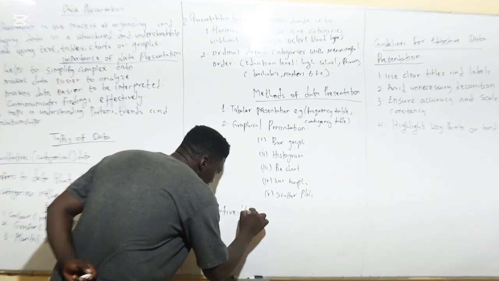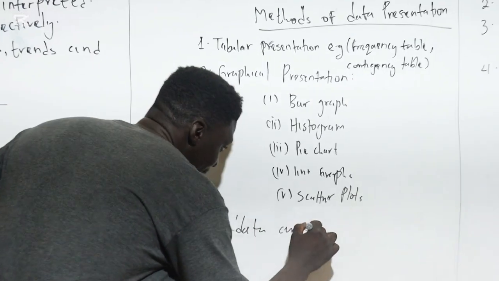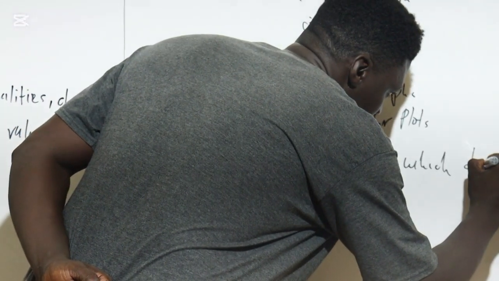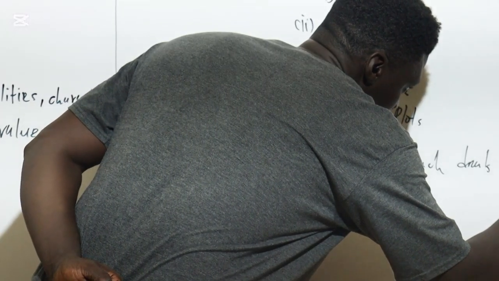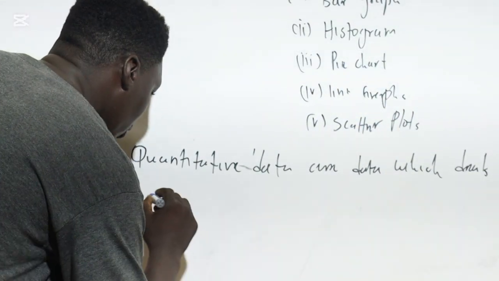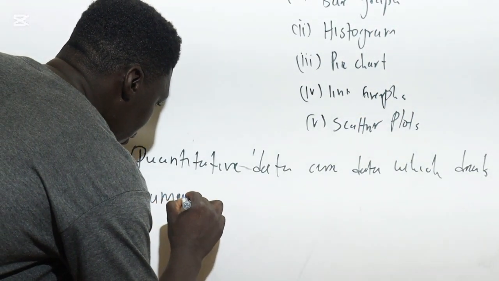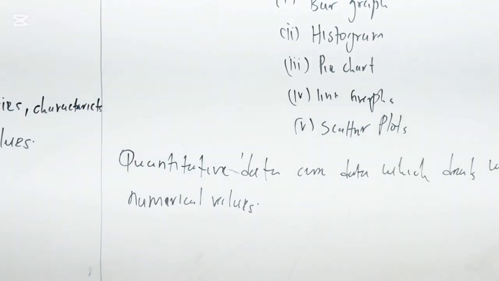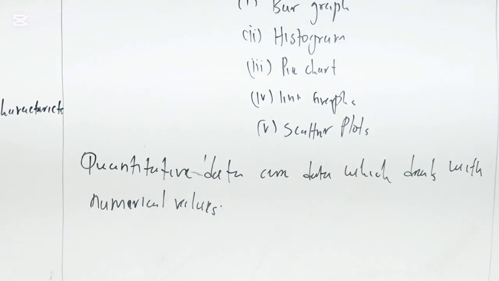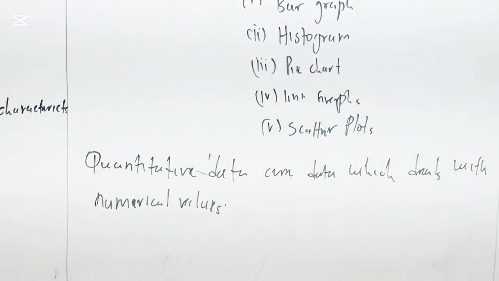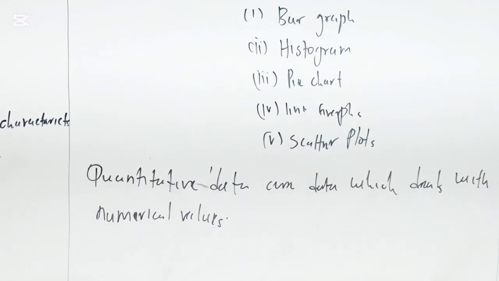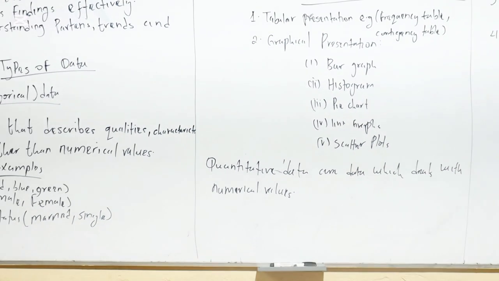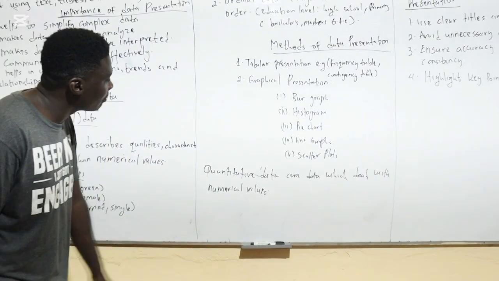Quantitative data are data which deal with numerical values. Quantitative data are data which deal with what? Numerical values. So unlike the qualitative which deals with quality and what? Characteristics or categories. So now quantitative only deals with what?